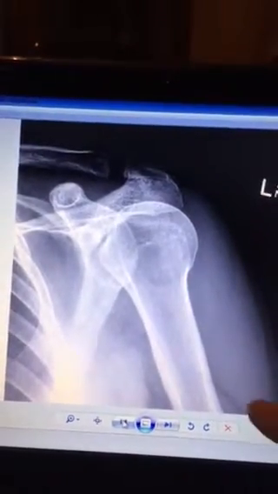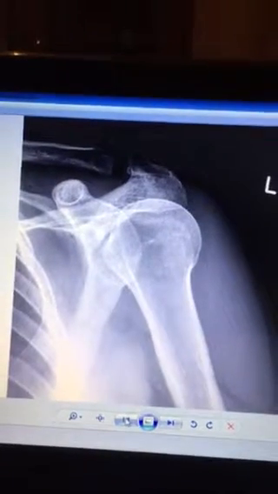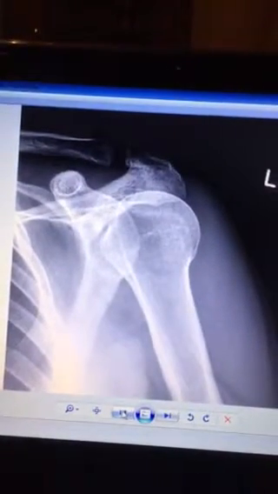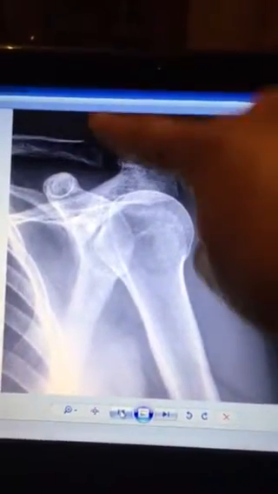A little bit of the scapula body, and like I said, obvious collimation around it.